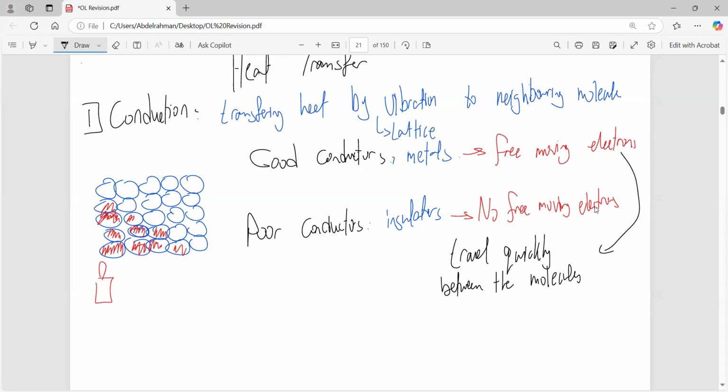They take the heat from the source and take it to the colder part of the metal. So between molecules, by transferring heat from the hot end to the cold end.